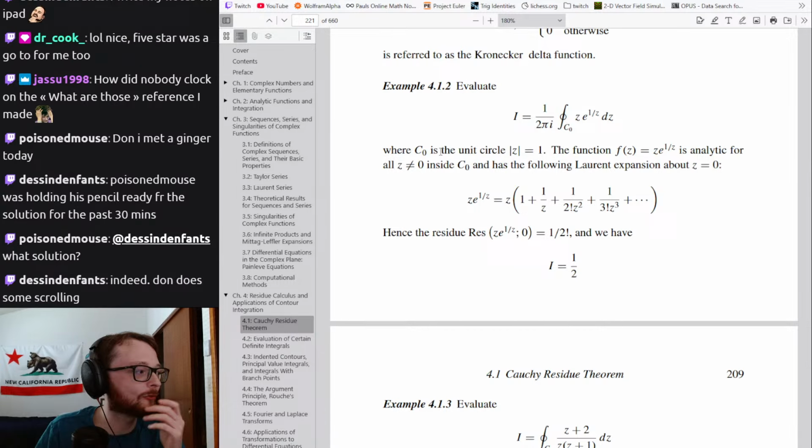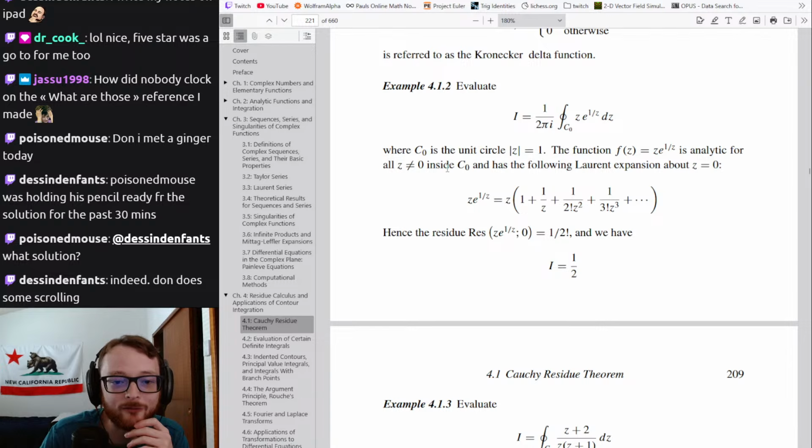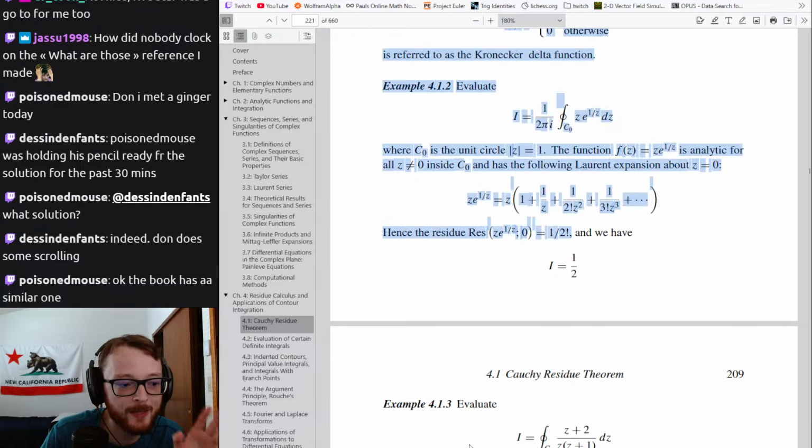The residue is the c_{-1} term. That's all you have to do. You get the Laurent expansion, and it's the coefficient. You have to multiply this in, and then you go for what has the power of 1, which will be this term here. Okay, this really is not that bad.